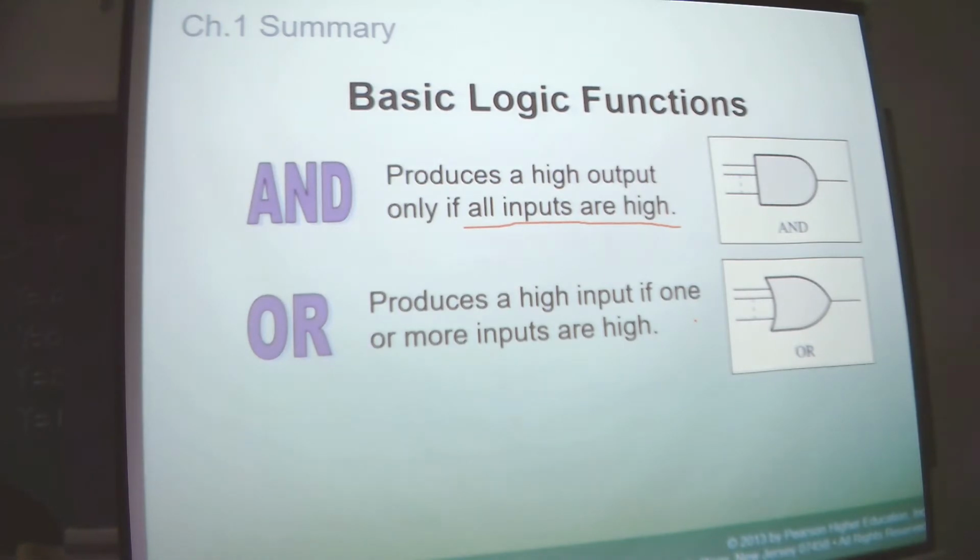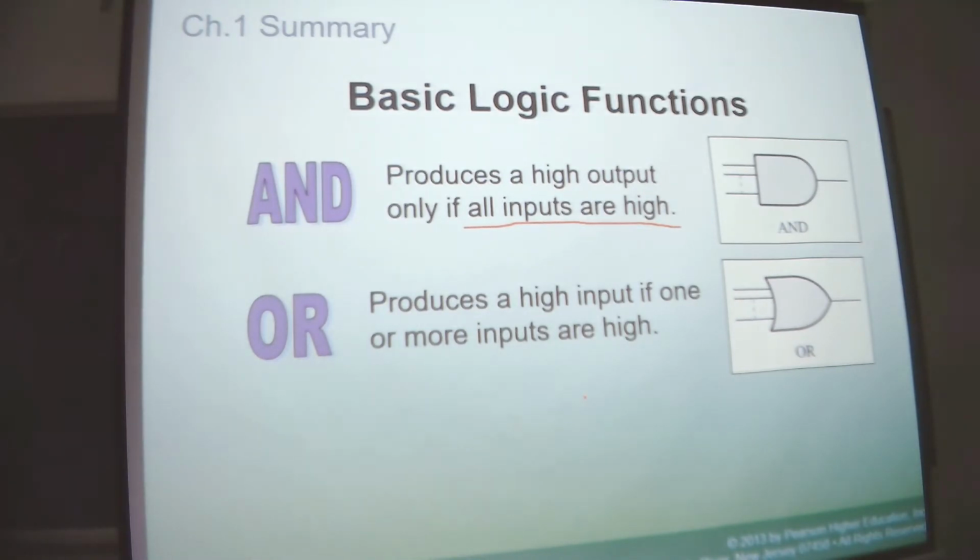This is addition. A plus B. Please see the blackboard. OR gate. The symbol is another shape.